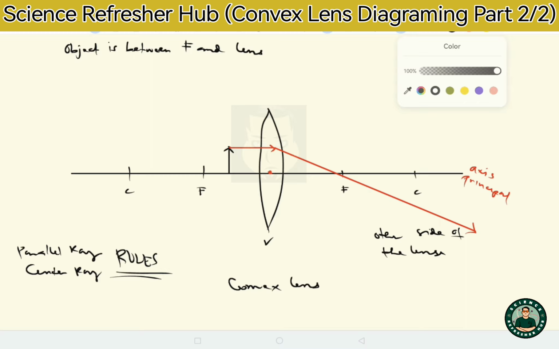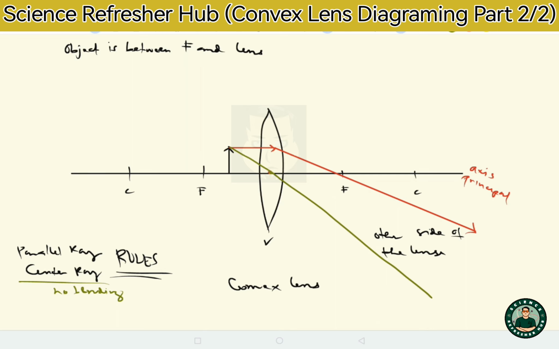Now, next, we have the center ray rule. No refraction, no bending, just a straight line, as long as it passes through the center here. All right, my apology. It looks like that.